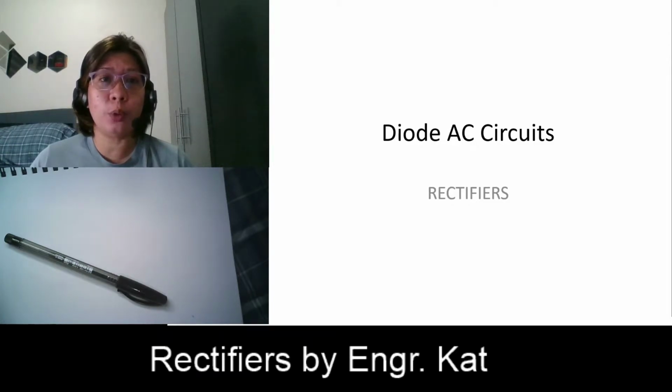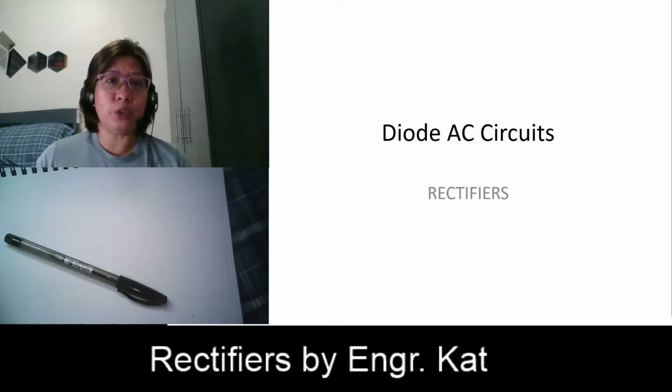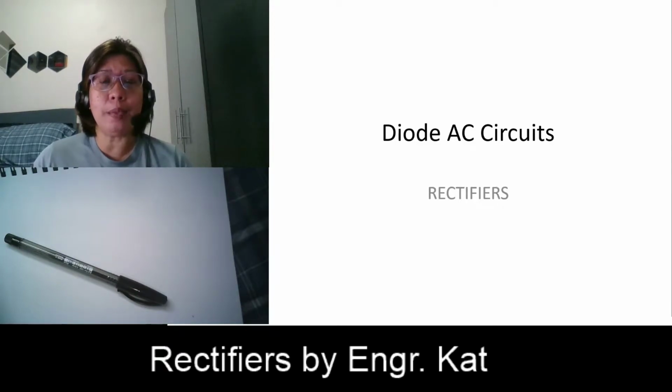So we're just going to analyze once, because when we apply a DC source to your diode circuit, it will not be changing or varying, unlike an AC source, because with an AC source, sometimes your diodes will be forward biased, and other times your diode will be reverse biased. So we really need to analyze your circuit more carefully when applying an AC source.